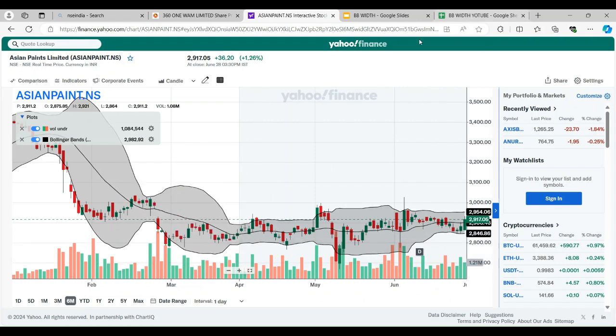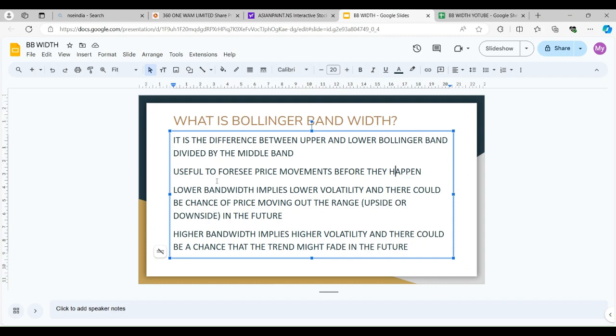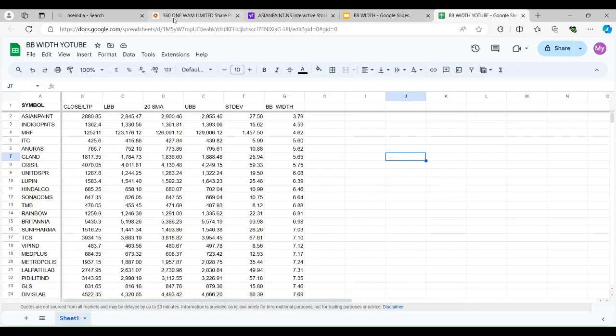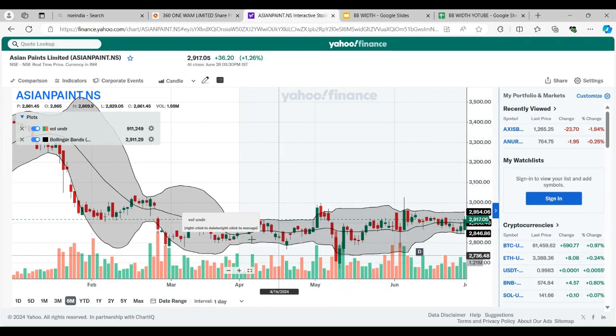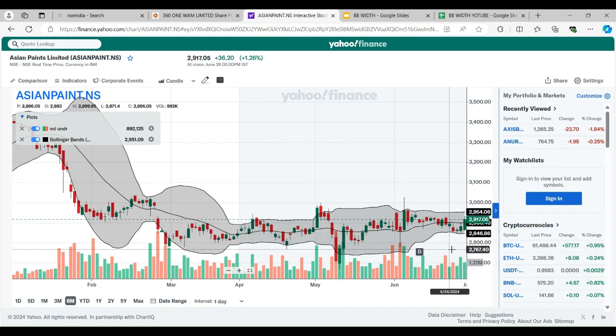Okay, so when I say useful to foresee price movements before they happen, it means here it is trading in a lower volatility, lower bandwidth.